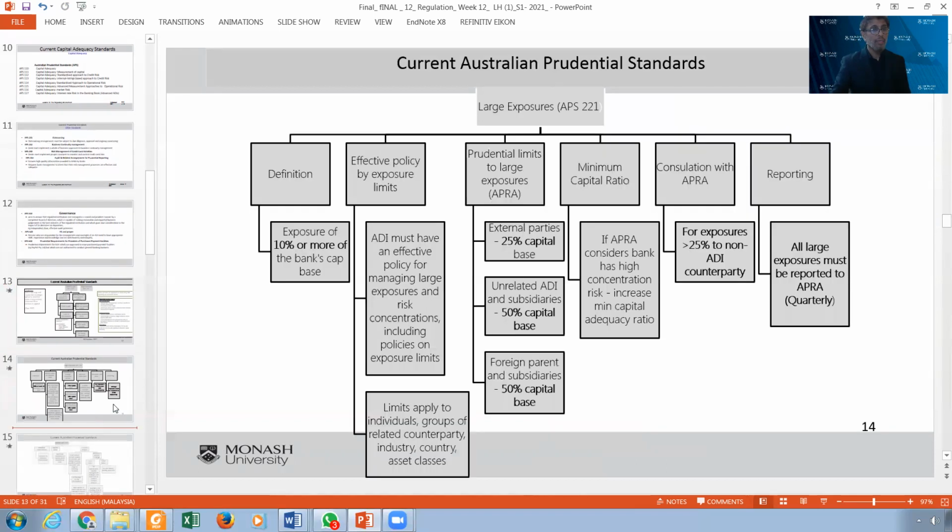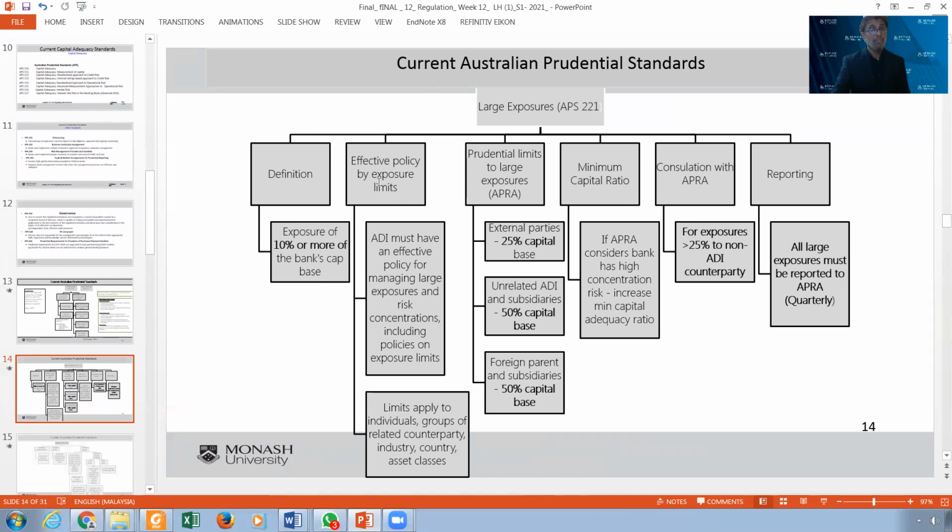Now, we have also APS 221, which is large exposure, which means if you are going to give a loan, that loan has to be limited, like when we talked about the concentration risk, how much a single loan should be. So they define in Australia a big loan as any loan that is up to 10% of your capital.